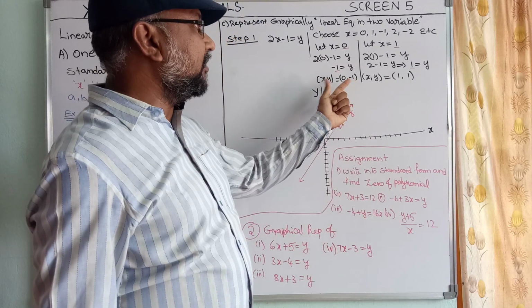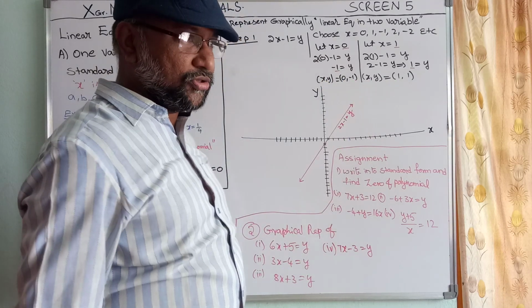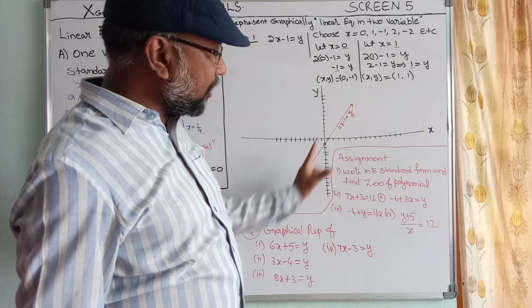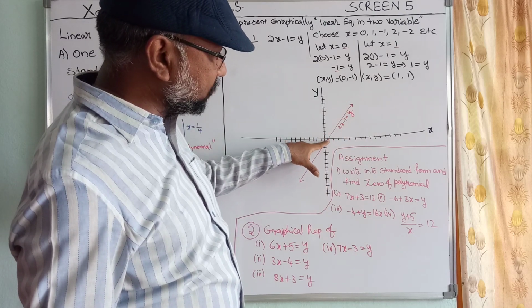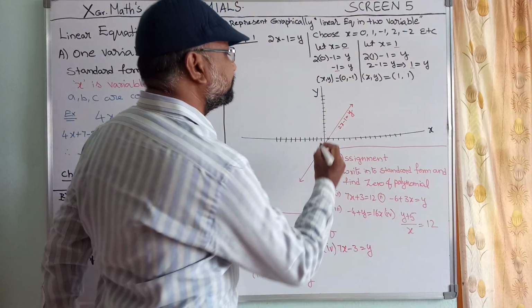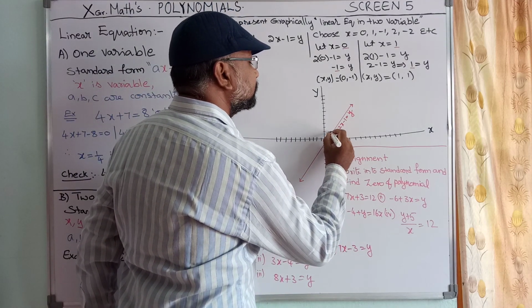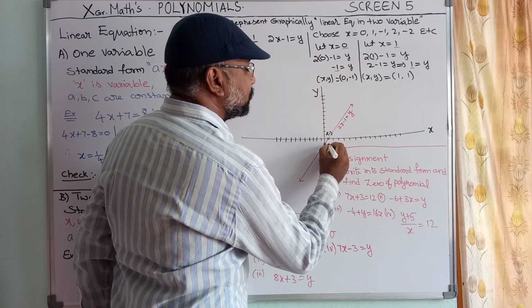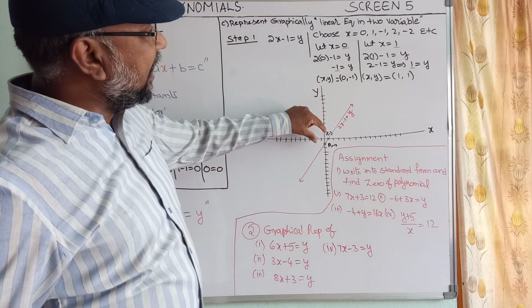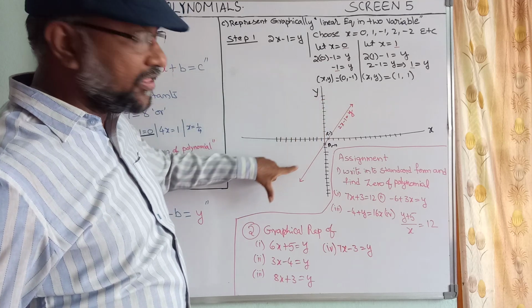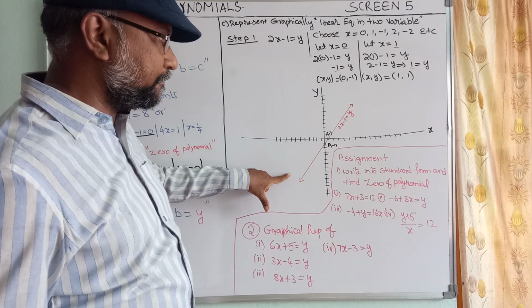So when we got two values, plot them in the graph. Here this one is 1 comma 1 and this one is 0 comma minus 1. They are very near, and join them with a scale.